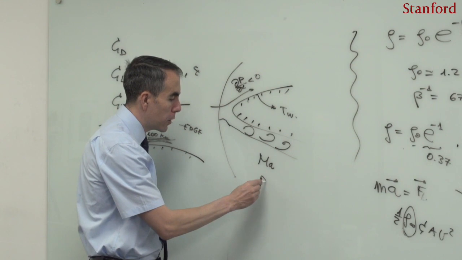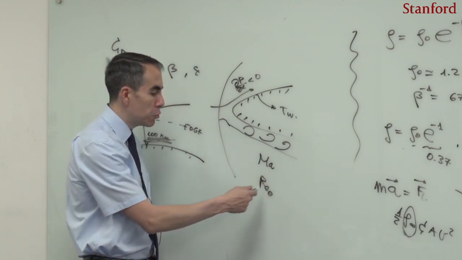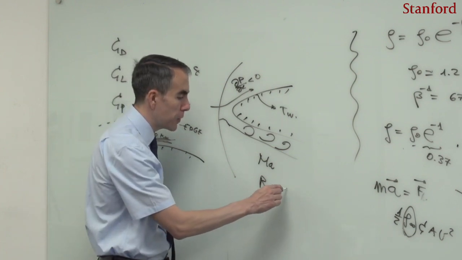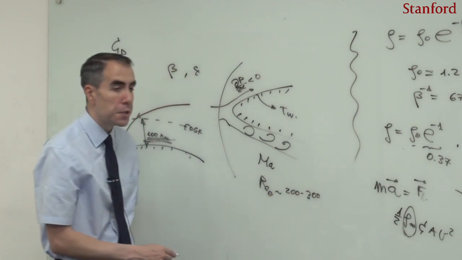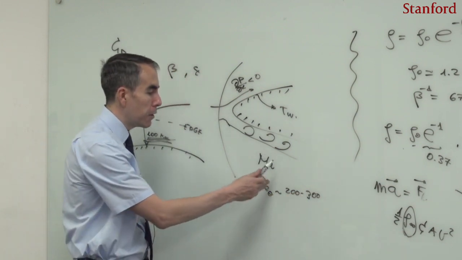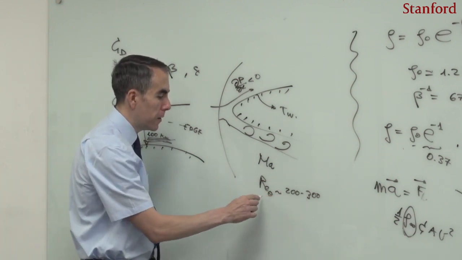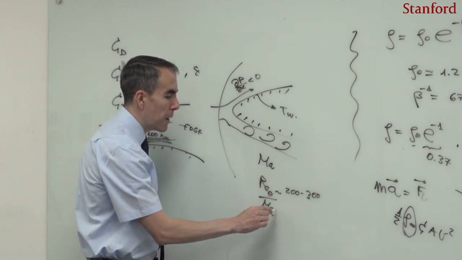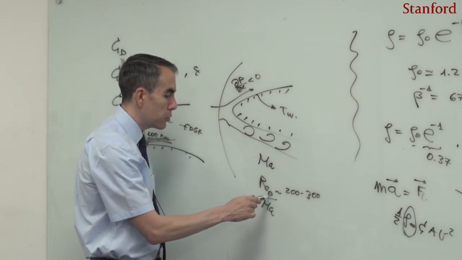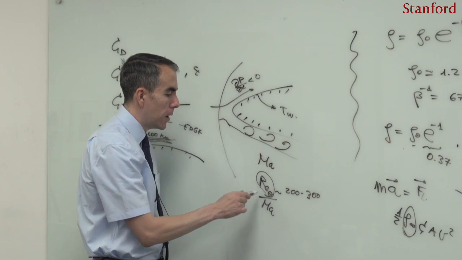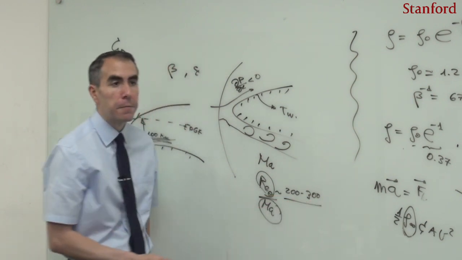Before, I told you that there is an Re theta that needs to be reached in compressible flows, of the order of 200 to 300 for transition. The criterion for compressible boundary layers is actually not this one: the Reynolds number over the Mach number needs to be equal to this number. So that is to say that you actually need to reach Re theta values that are larger than this because of the effect of the Mach number.